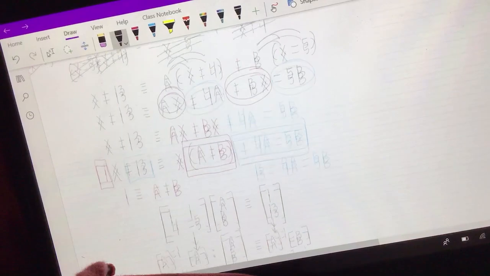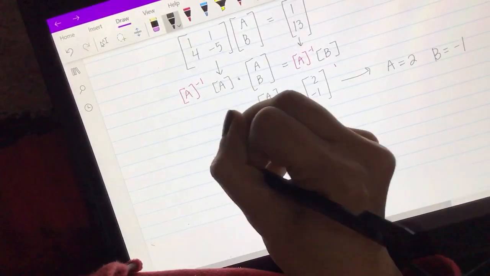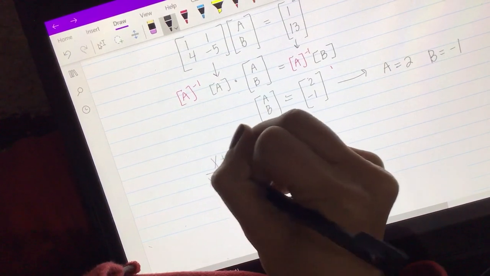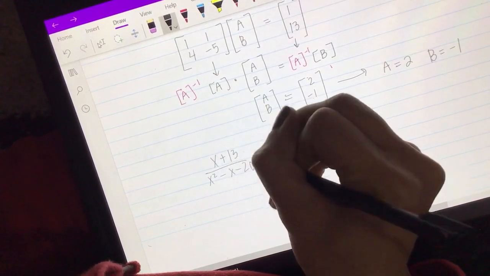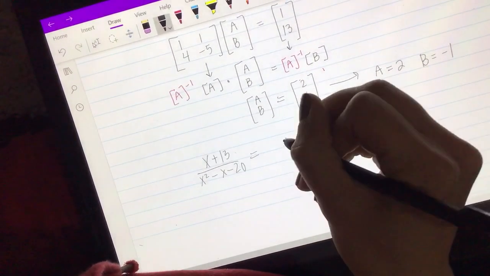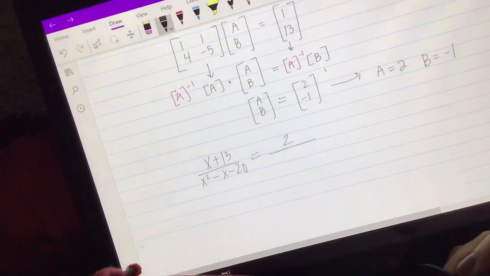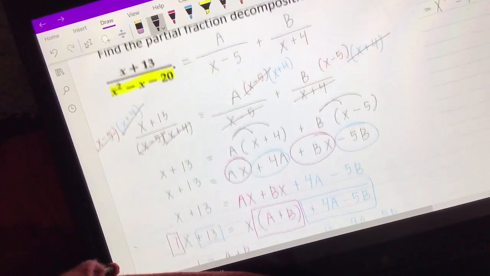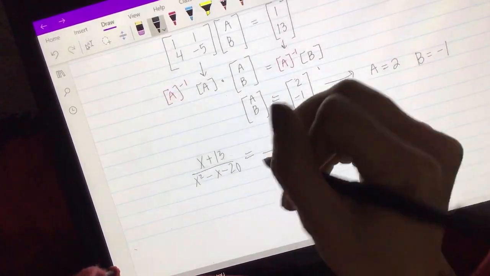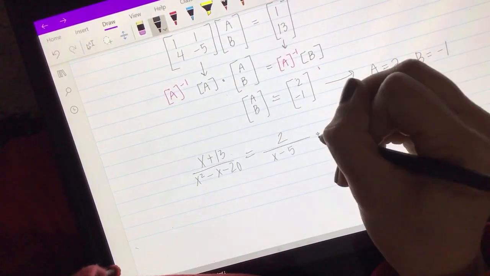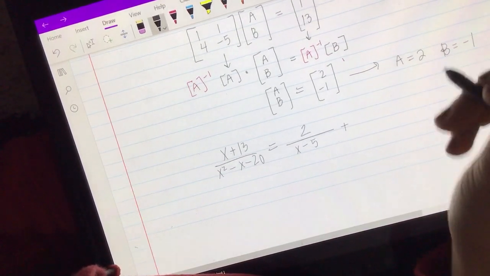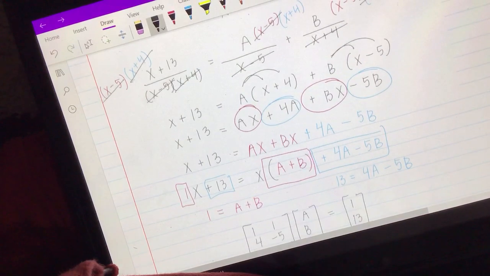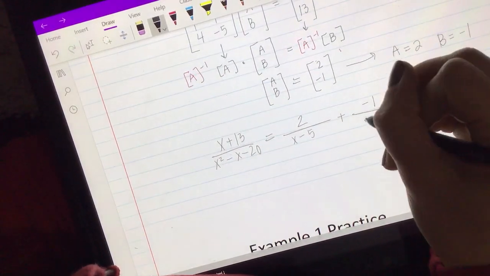We have x plus 13 over x squared minus x minus 20 equals, our A value is 2, we found, over x minus 5 plus our B value, which is -1, over x plus 4.